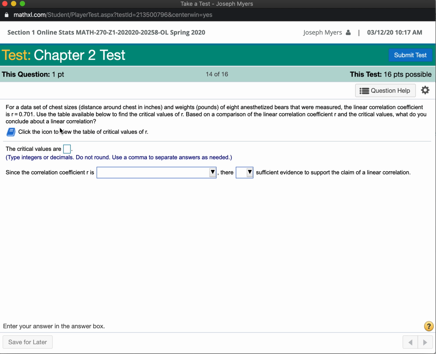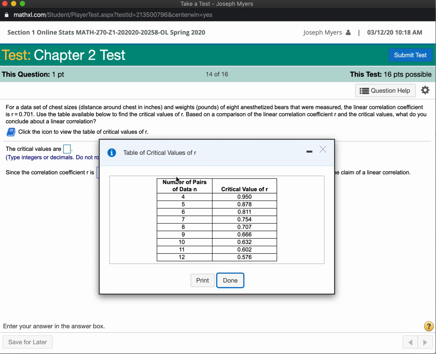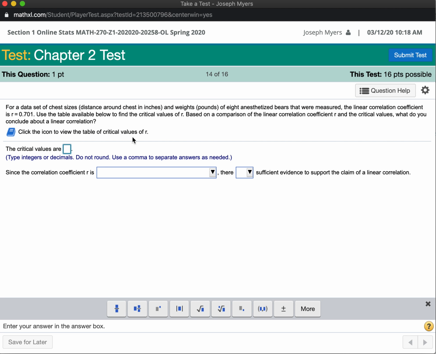Okay, so this one says there were 8 bears that were measured. So if 8 were measured, then the critical value of r is 0.707, and it's both negative and positive: negative 0.707, positive 0.707.